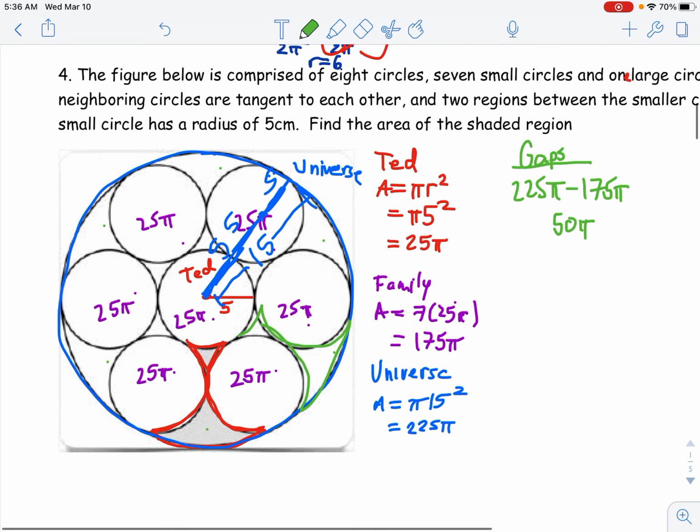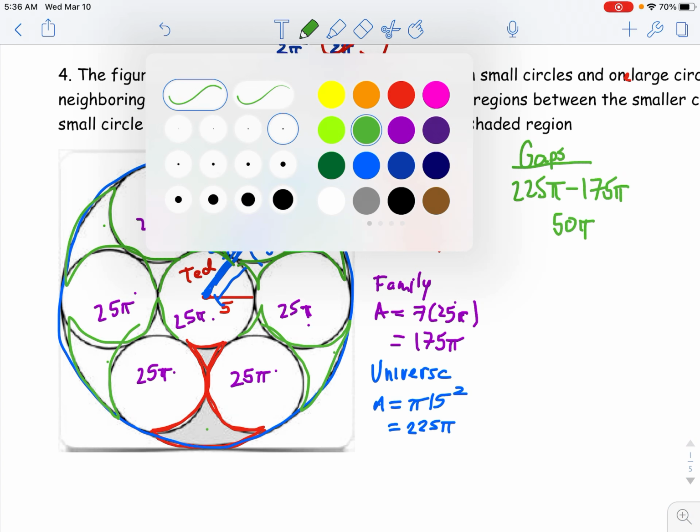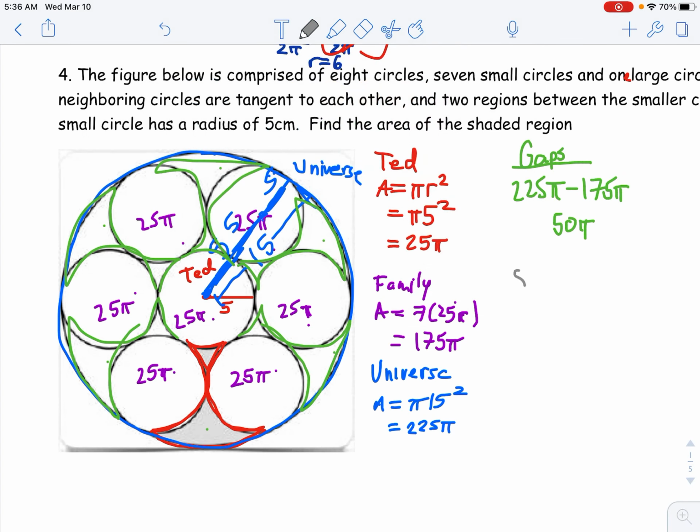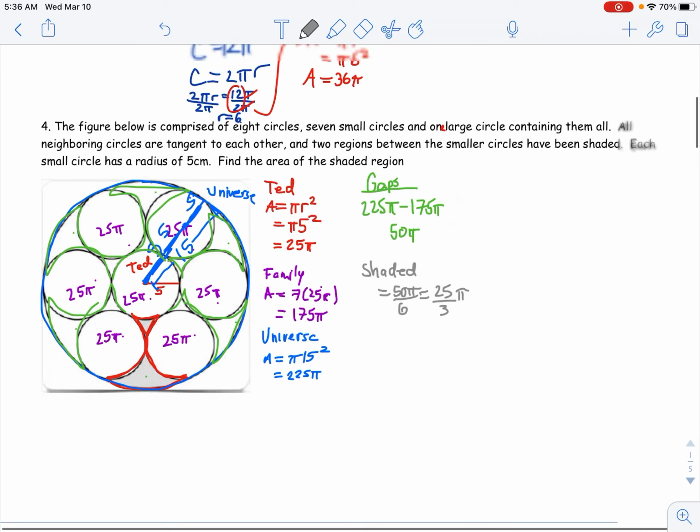All these gaps added together is exactly 50 pi. And then this red shaded region, there's 6 of those gaps. We only need 1 out of the 6, so divide by 6, which reduces to 25 over 3 pi.